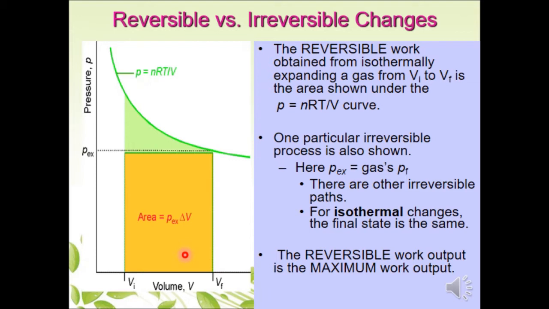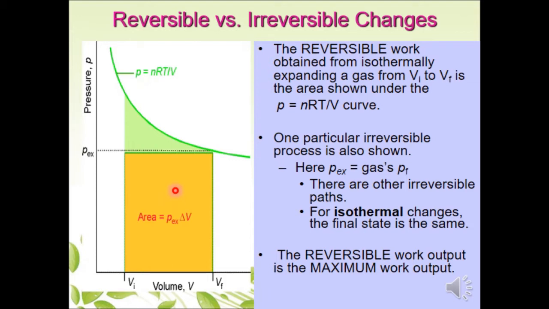irreversible work? So if you see this graph here, this yellow shaded area will show an irreversible work, whereas this graph here, shaded in green as well as in yellow, is a reversible process.